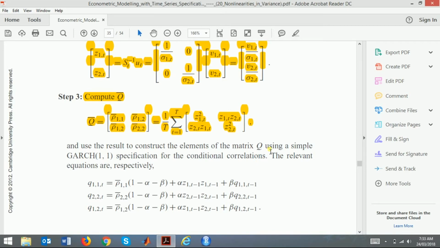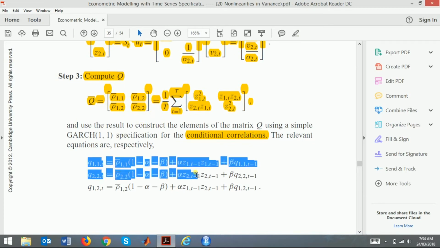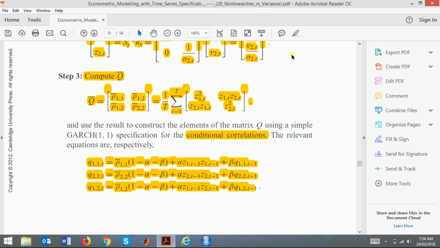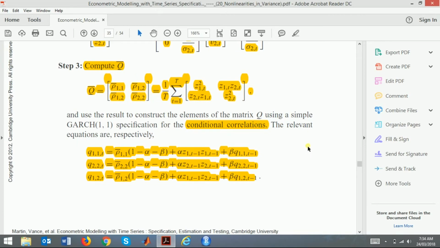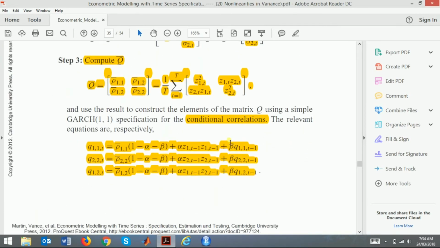Use the result to construct the elements of the matrix Q using a simple GARCH(1,1) specification, but for conditional correlation. Now let's look for the conditional correlation, and with this information let's find the Q's. These are the equations for Q: constant portion, correlation portion, ARCH, GARCH. Fine. Construct the matrix of conditional correlations.